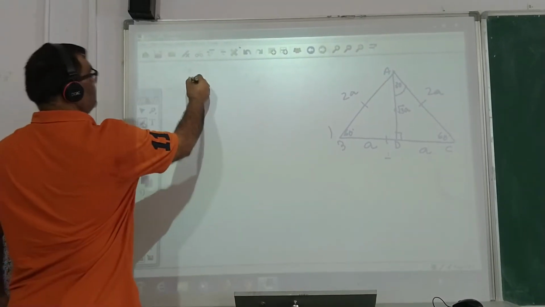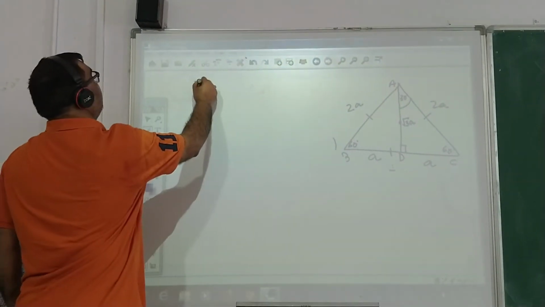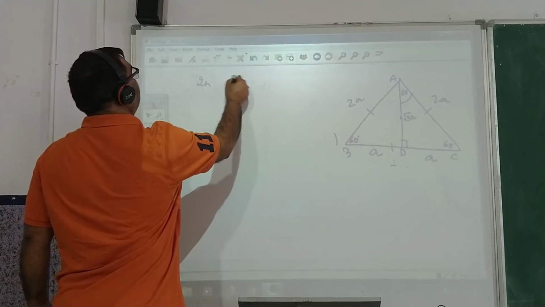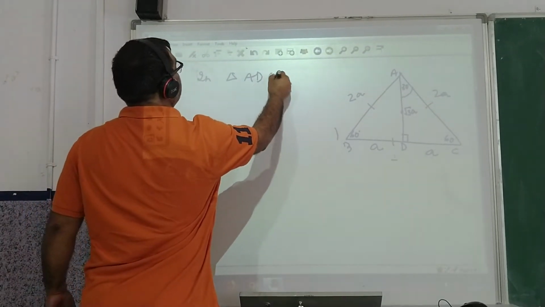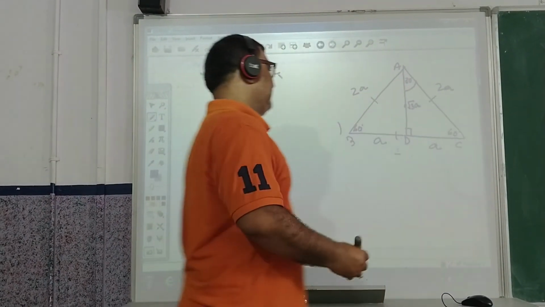Suppose I am considering triangle ABC, this is 60.